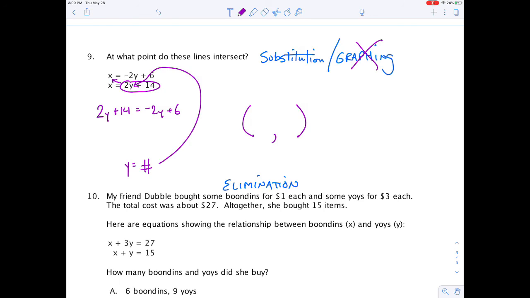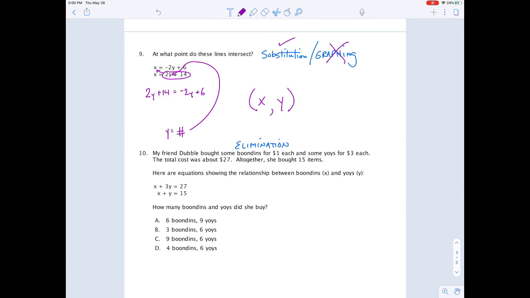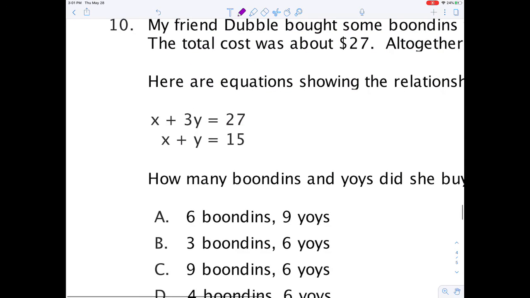All of these systems of equations always get 2 answers. There will be an x value that comes first in your parentheses and a y value that comes second. And not surprisingly, since we studied 3 of them, substitution, graphing, and elimination, number 10 is a good elimination method, where I notice it's elimination because I see my x's, my y's, my equal signs, and my numbers are all lined up.